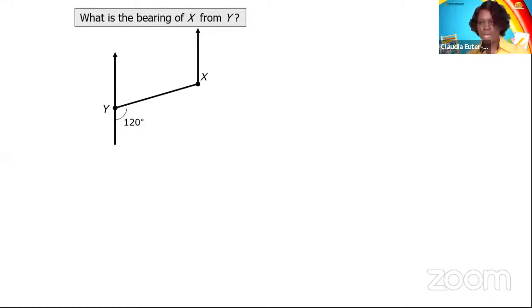In the chat, could you explain your answer, please, so we can see the process of how you arrive at your answer? I'm seeing where they're saying that you are at Y and you're going to X. So you're starting at Y. Fabulous.